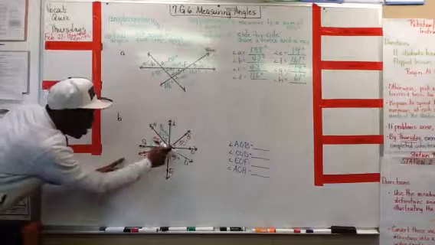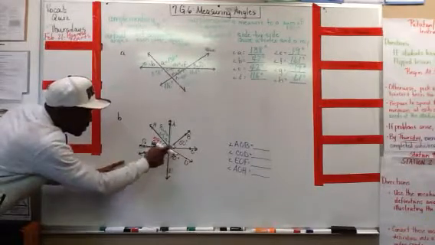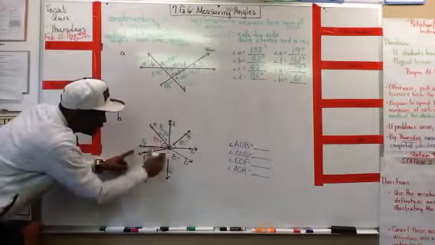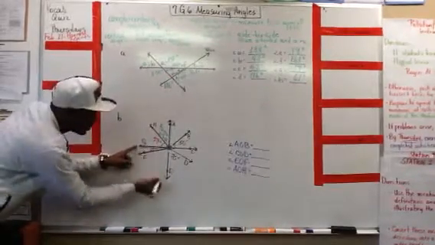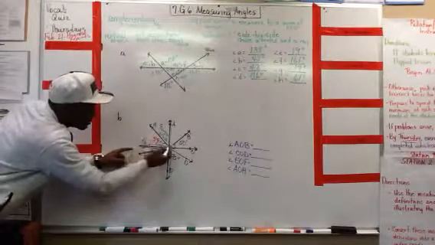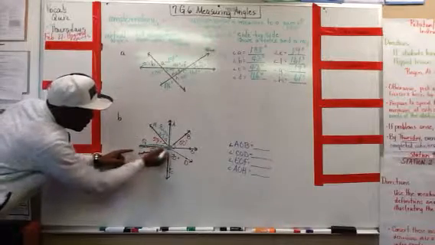Angle GOE is the right angle we're in now. You can also say EOG. Angle EOG is split into two angles. You got this big one right here, and then you got this little one.